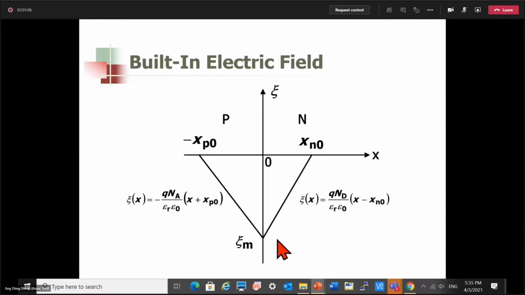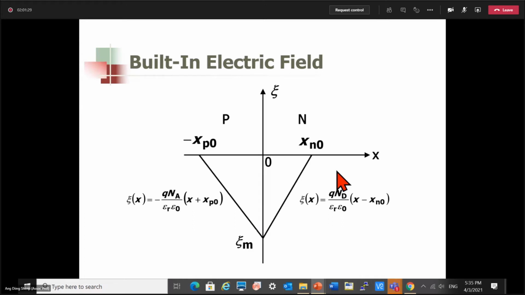On the N side, it is also linear. Beyond minus XP naught, the electric field is 0. Beyond XN naught, the electric field is 0. And at the metallurgical junction, we have the maximum electric field. So this is a very simple plot. It's actually a triangular plot.